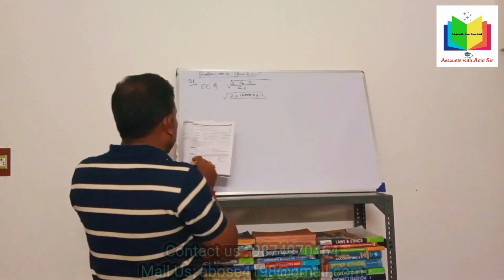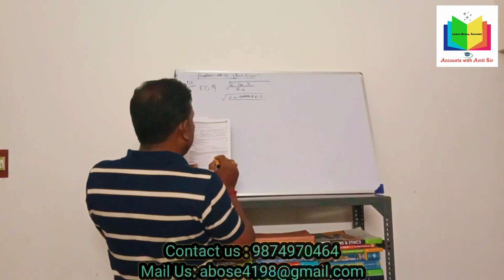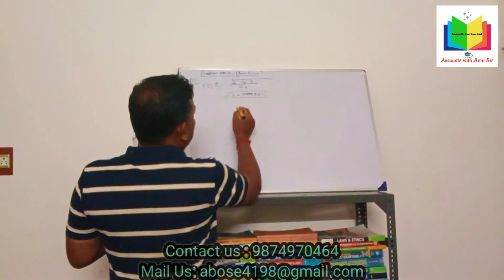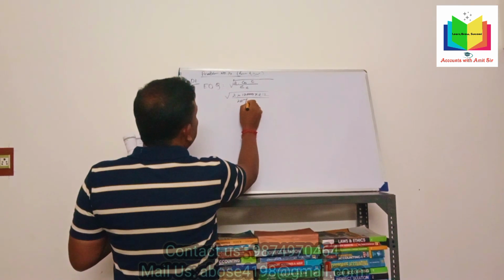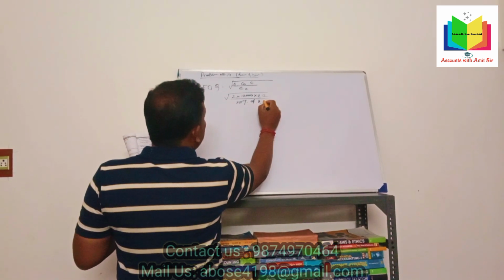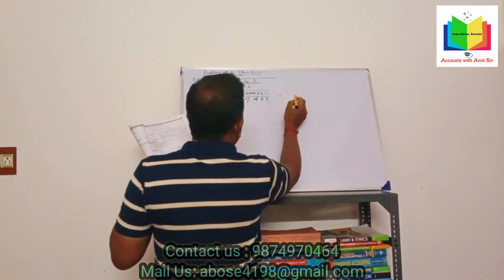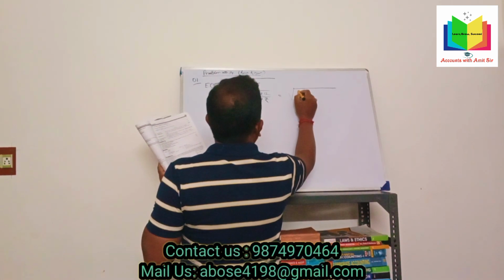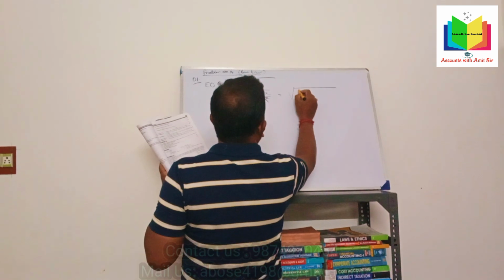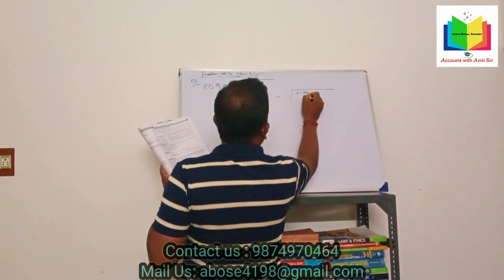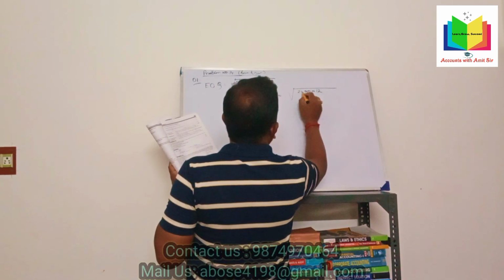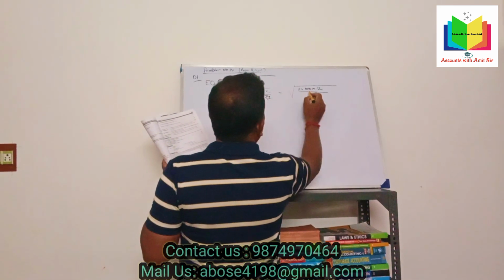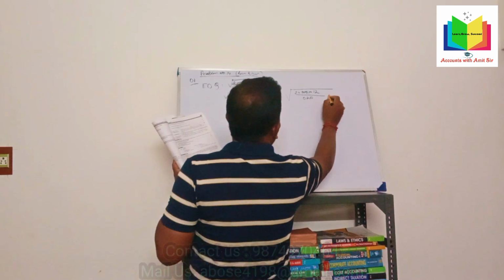Here the inventory carrying charges are 20% and cost per unit is rupee 1. So CC is 20% of rupee 1. Therefore you calculate it: root over 2 into 12,000 into 12 divided by 20% of rupee 1, that is 0.20.